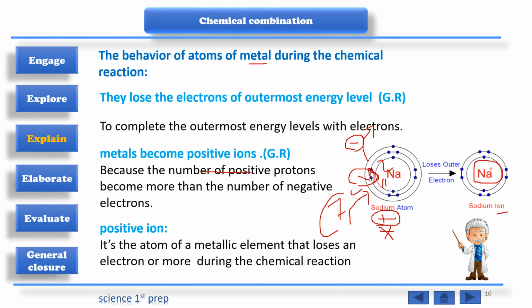What is the positive ion? It's an atom of a metallic element that loses an electron or more during the chemical reaction. So here metals become positive ions because they lose the outermost energy level electrons.